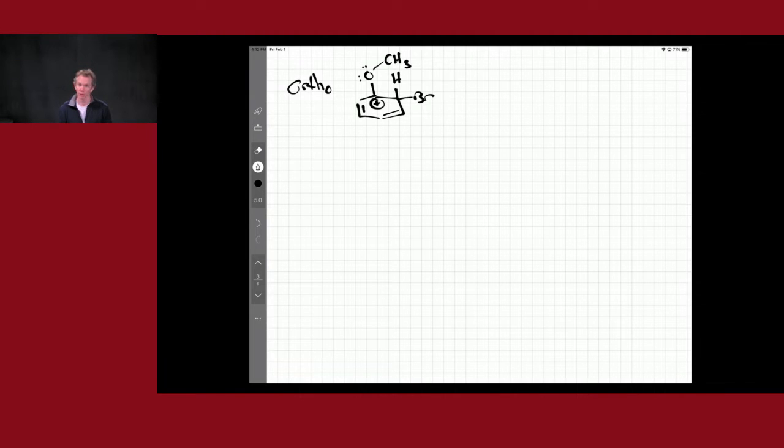So we can draw resonance forms to show the delocalization around that ring. So let's do that as well. We've got one here, and we can draw one more, keeping that cation on the ring.